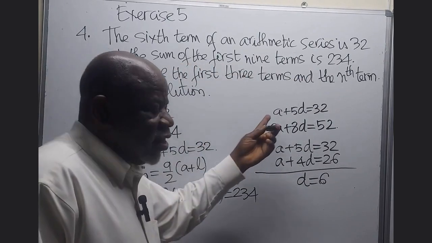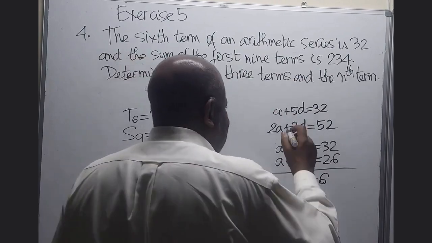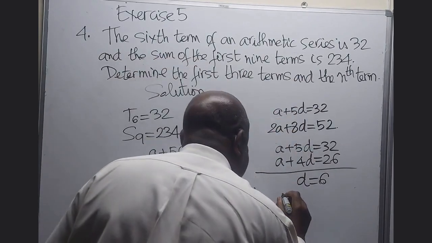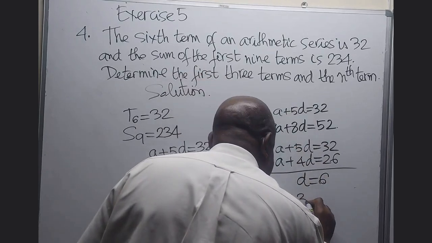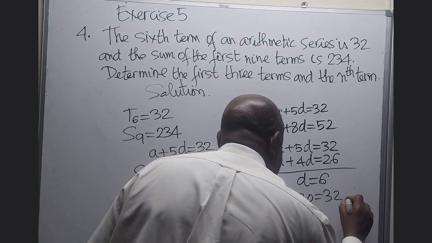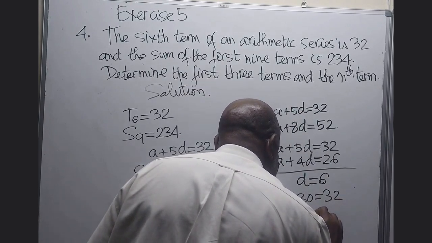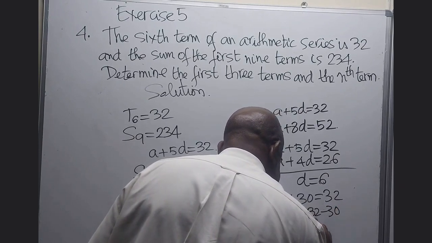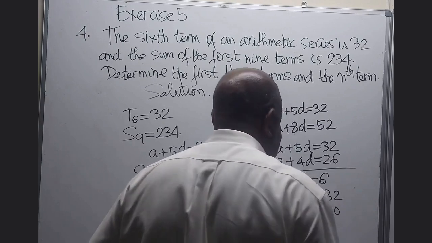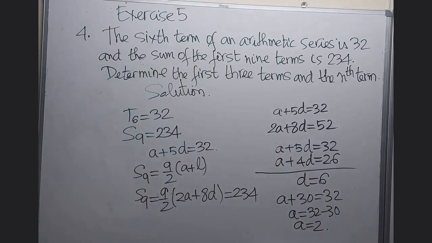Let's replace and get the value of a. So if I'm considering this one, a plus 5 times 6 is 30 is equal to 32. So our a will be 32 minus 30. A is equal to 2. So our first term is 2 and our common difference is 6.